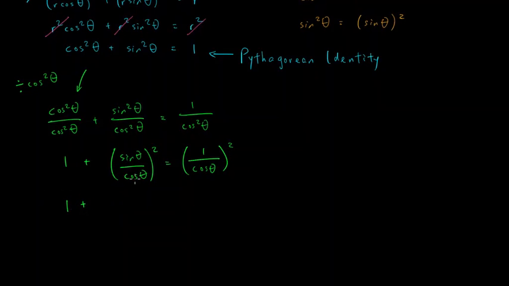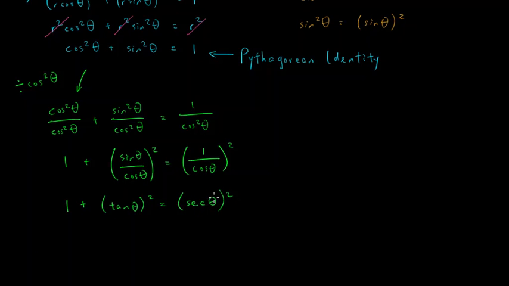We know that sine theta over cosine theta is tan theta, so this is going to be tan theta squared. And this is just a reciprocal trig ratio, so this is secant theta, and that's also squared.